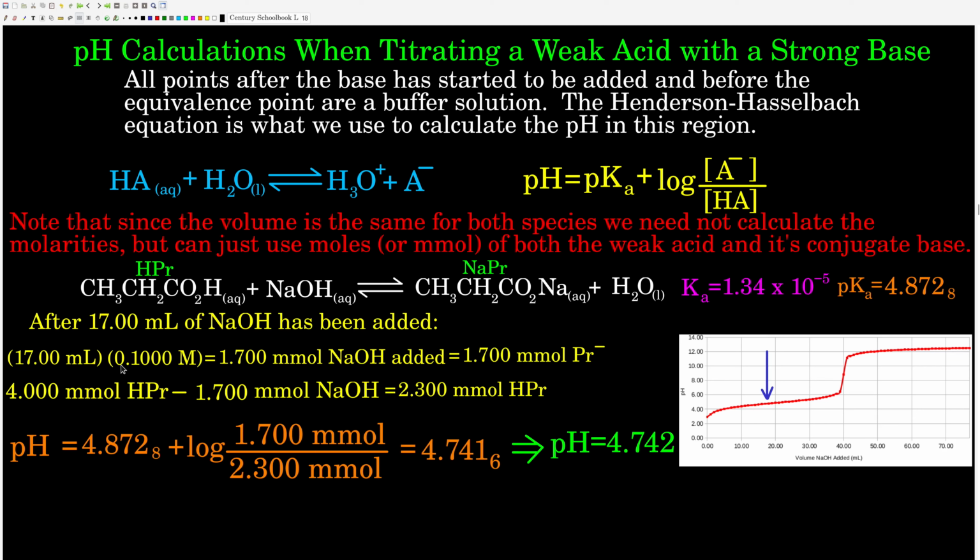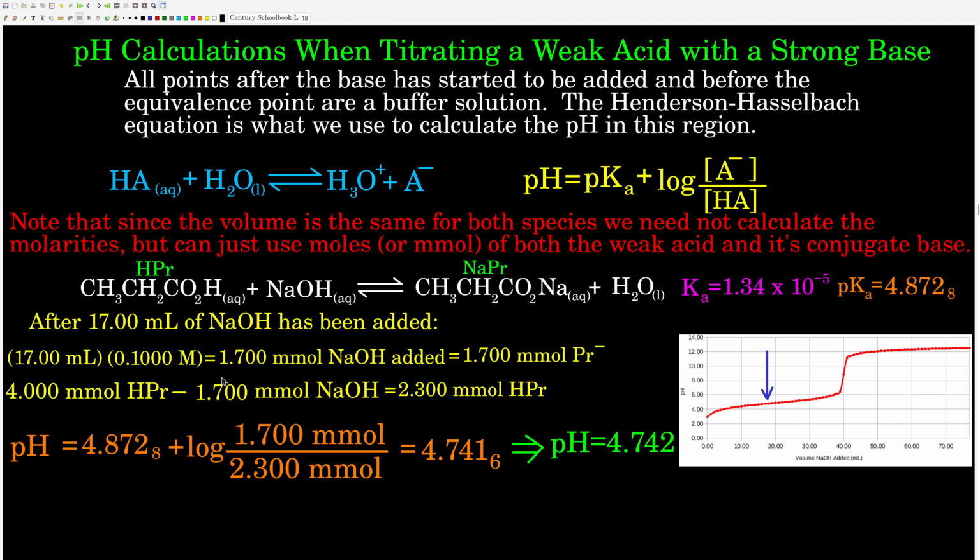We started with 40 mils of the acid, and now we've added 17 mils of sodium hydroxide. So what we're doing here is calculating how many millimoles of sodium hydroxide were added, the volume times the molarity. We have 1.700 millimoles of the conjugate base, because every time we add one sodium hydroxide, it pulls off a proton from here and makes one of these, the conjugate base. So the millimoles of sodium hydroxide added equals the millimoles of the conjugate base propanoate.